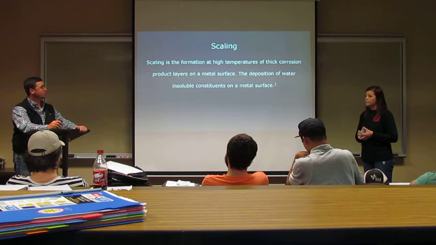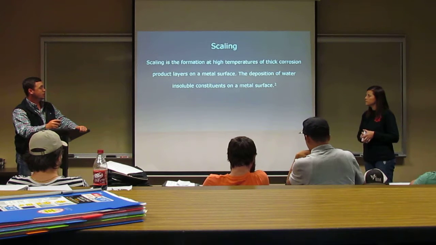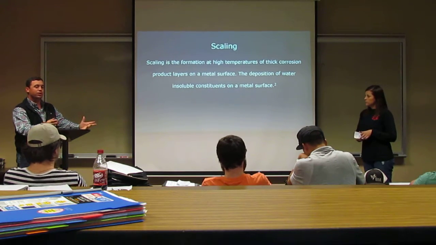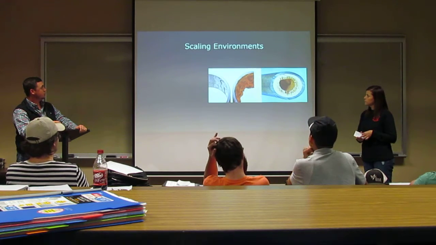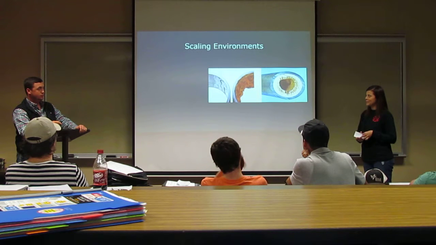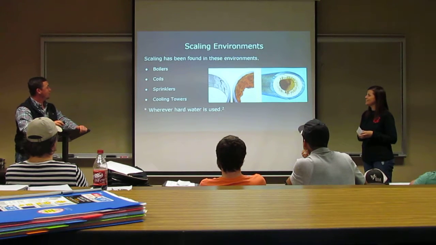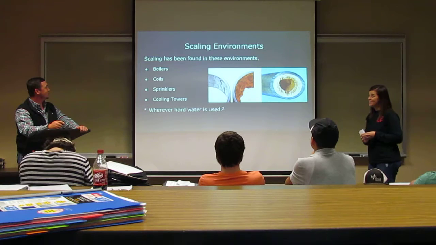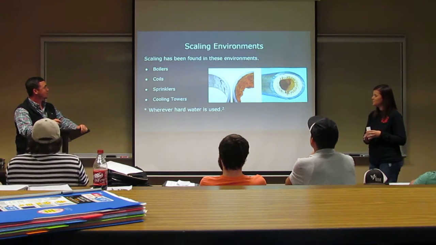Scaling is the formation at high temperatures of thick corrosion product layers on the metal surface. It is a deposit of insoluble material on the metal surface. It's hard water hitting the metal. Scaling occurs in boilers, coils, sprinklers, and cooling systems, wherever hard water is used.